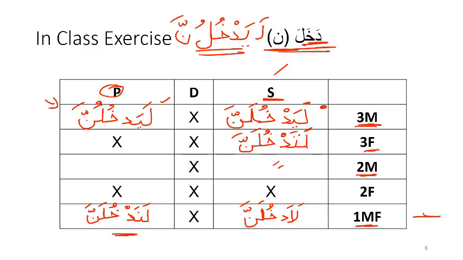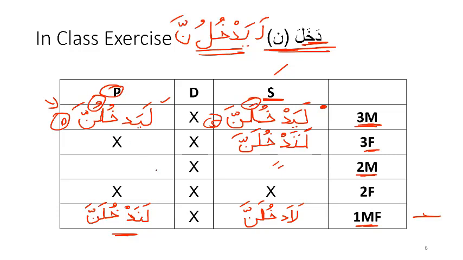When you have plural, then the lam letter will have a dhamma. So the only difference between the plural and the singular is what we have on the lam letter. So la yadkhulanna is for singular, la yadkhulunna is for plural.